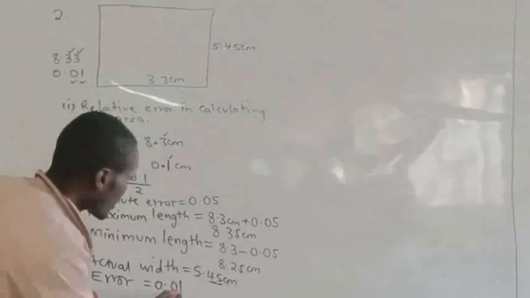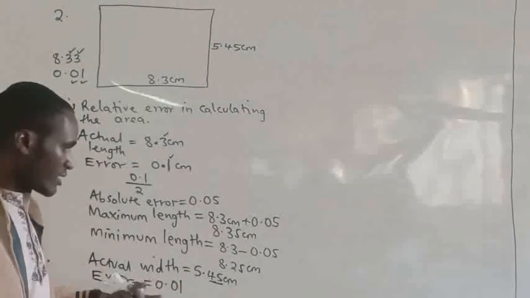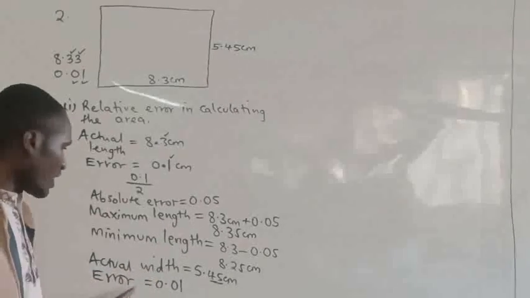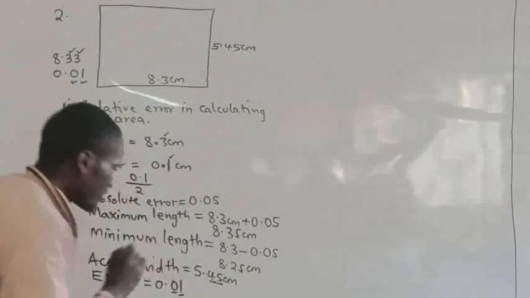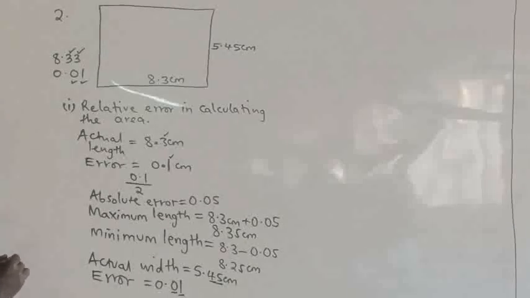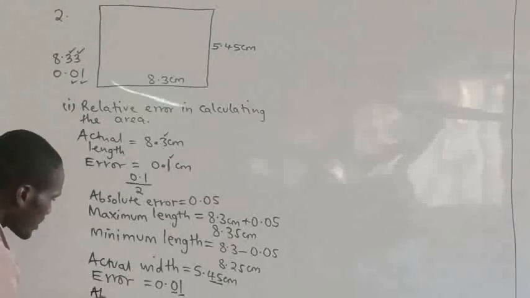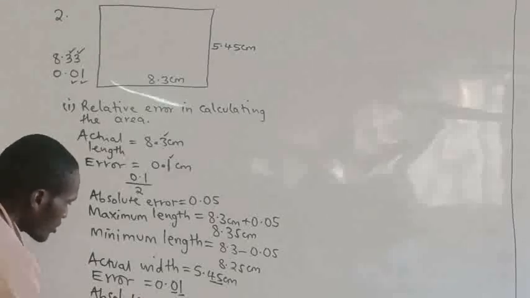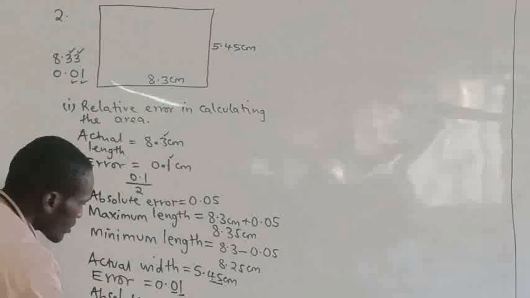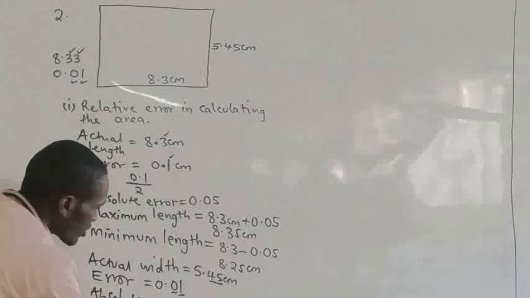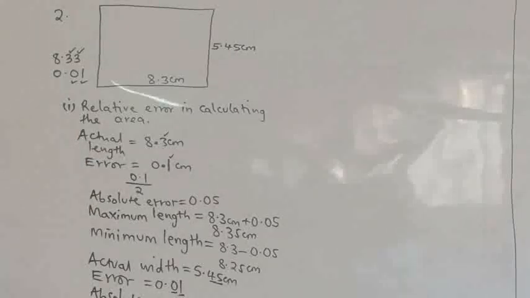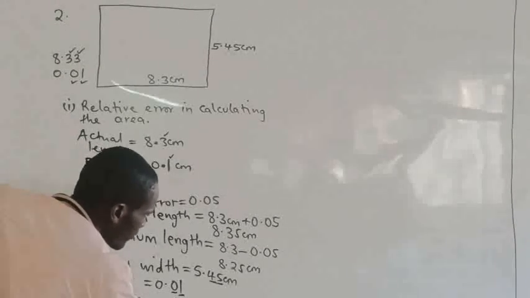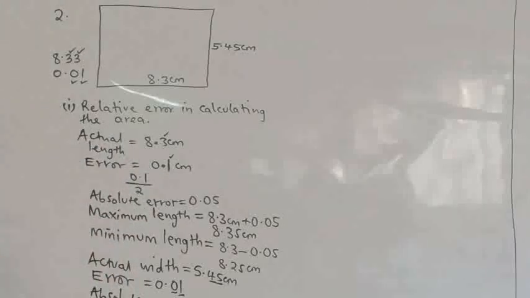So the actual width has 2 decimal places. That translates into an error with also 2 decimal places. Look at that. So for me to get an absolute error, what am I going to do? I'm going to say 0.01 divided by 2 for me to get the absolute error. So that translates into 0.005.